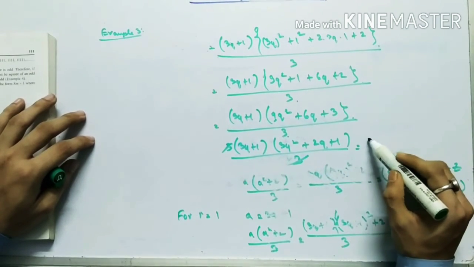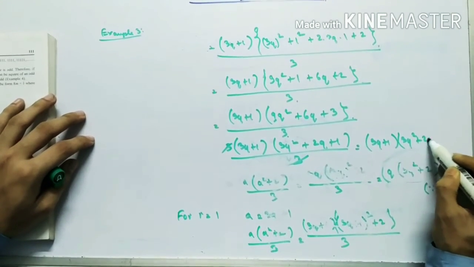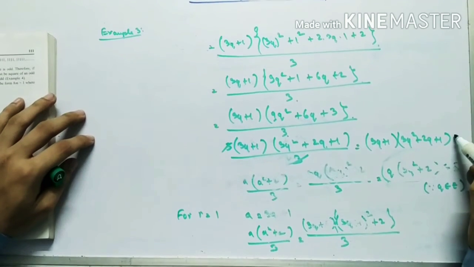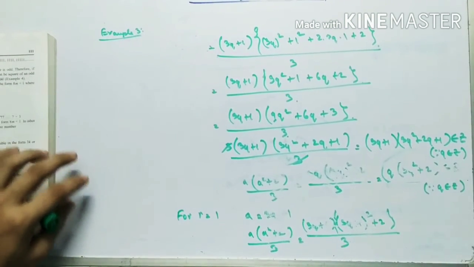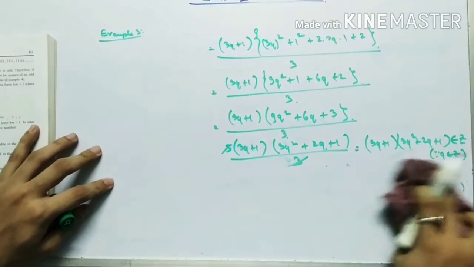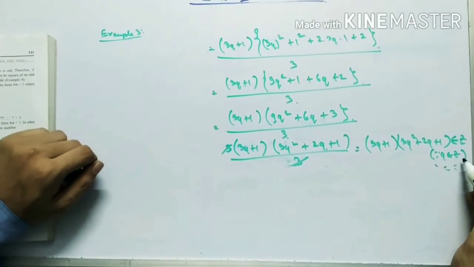The 3 cancels, and ultimately I will get 3q plus 1 into 3q square plus 2q plus 1, and I can say that this belongs to Z since q belongs to Z.